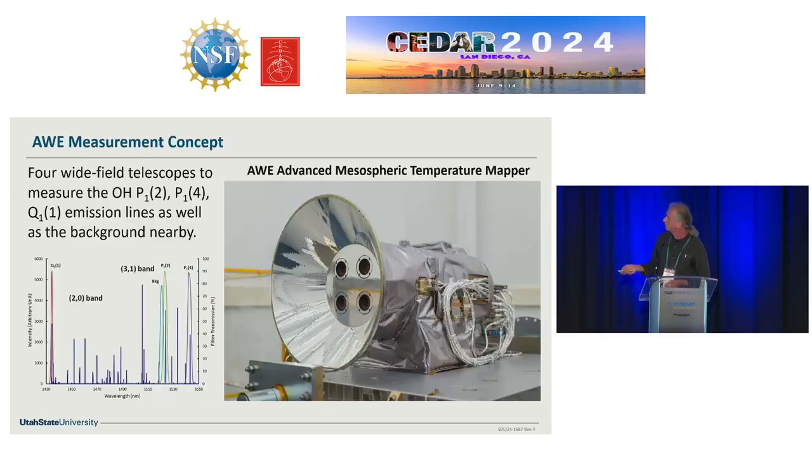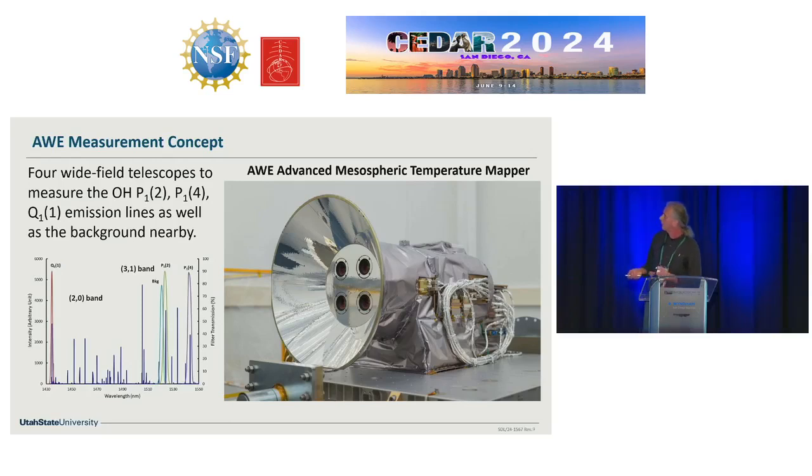So what is the measurement concept then? How do we observe these gravity waves? Well, it's based on the Advanced Mesospheric Temperature Mapper that has been around for over a decade now, that Mike Taylor had employed at many locations around the globe on the ground. He had placed them on an airplane.